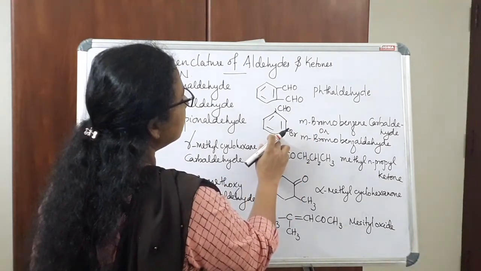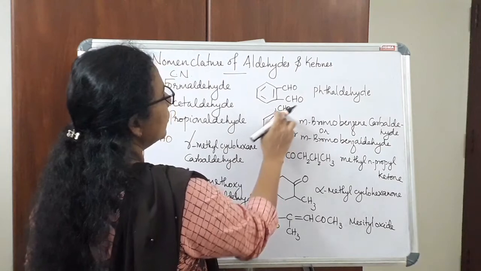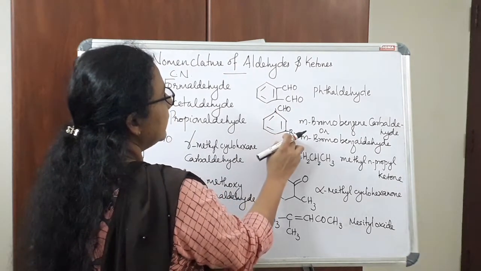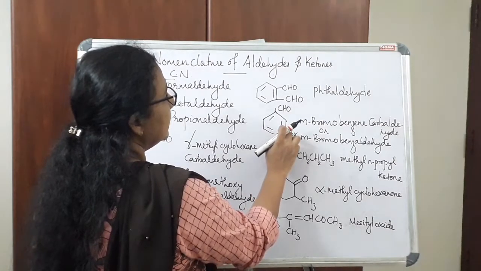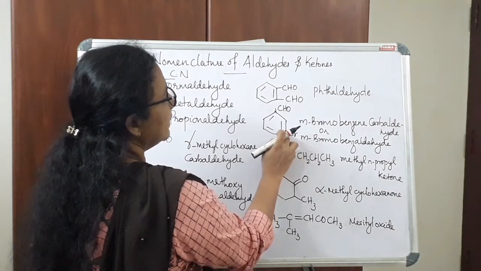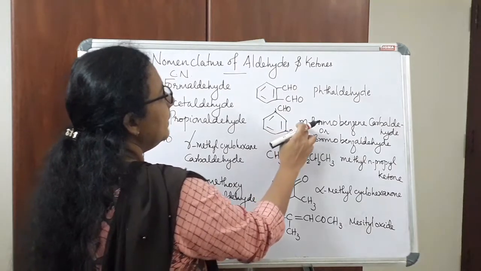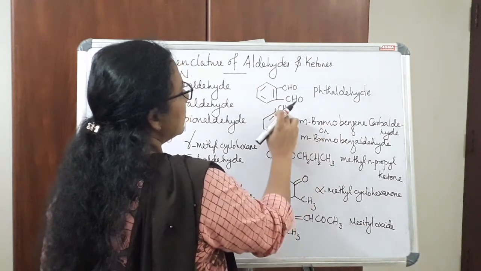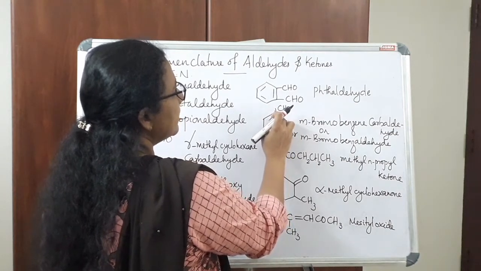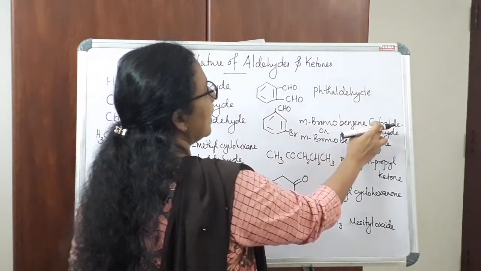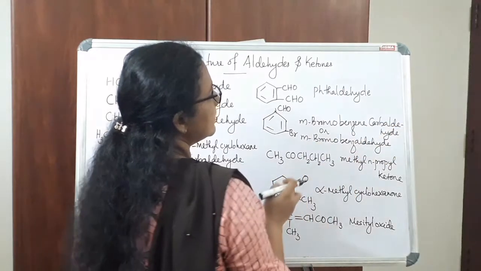Then another compound here. A CHO group is there on the benzene ring, and a bromine is attached at the meta position. So it will be meta-bromo. Since the CHO group is on a benzene ring, carbaldehyde should be added as the suffix.